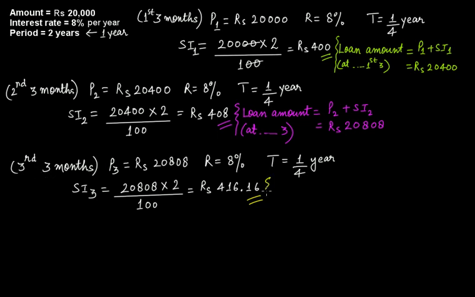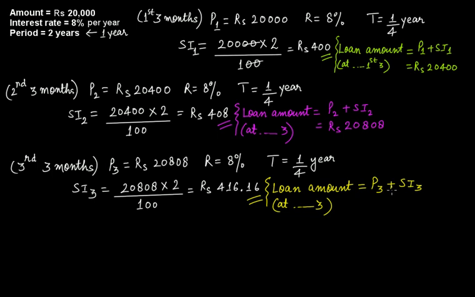Okay, so this is the interest that you get for the third period of 3 months. So this is the loan amount at the end of the third period of 3 months, right? This is equal to what? P3 plus SI3. What's P3? P3 is P2 plus SI2. What's P2?